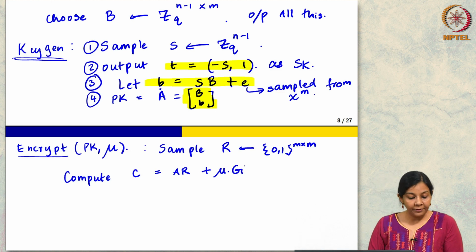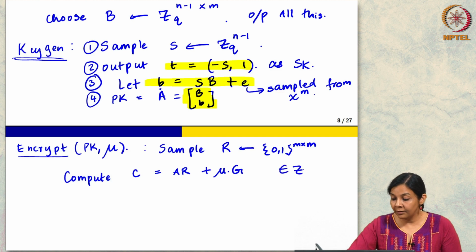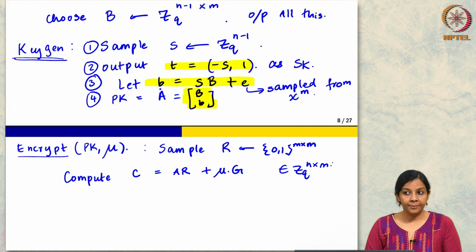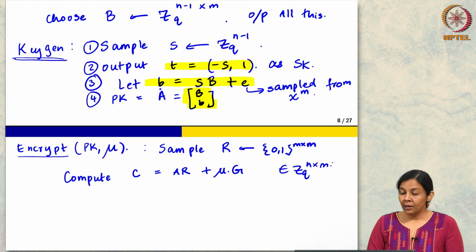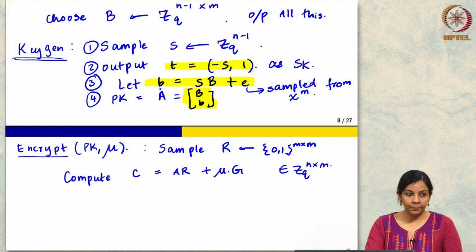So, this is a matrix, it is in Z_Q^{n x m}. Okay. So, the ciphertext is AR plus mu G, where A is, as we have seen how it is constructed, the public key, R is sampled binary random, okay, and G is the matrix we saw before, the powers of 2 matrix.